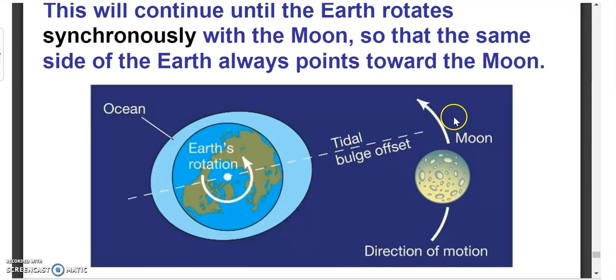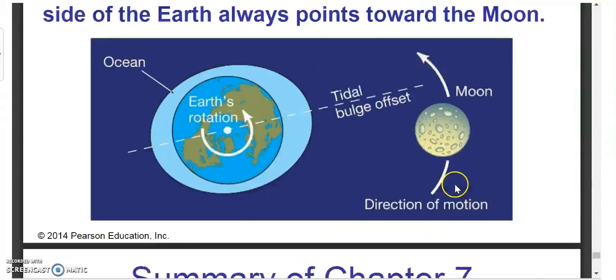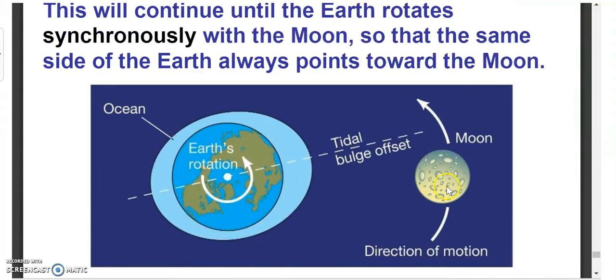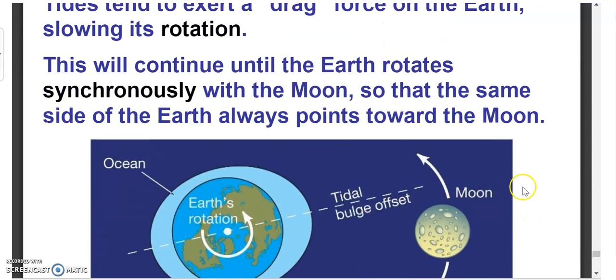The moon does spin about its own axis, kind of like if you ever played the game Ring Around the Rosie as a child: as you go around, you spin, but the same side of the moon will always face the Earth, but it spins once. So it takes one revolution to spin about its axis once. That's what's called synchronous rotation.